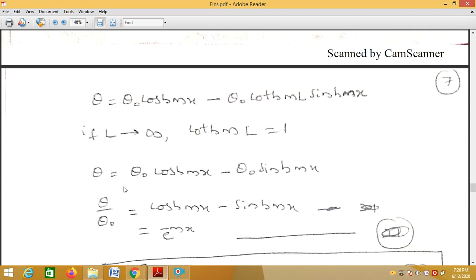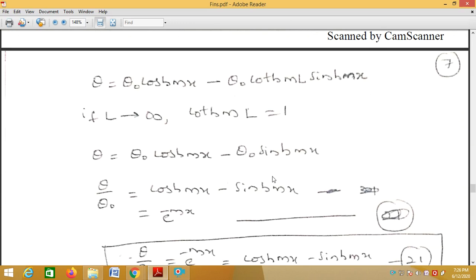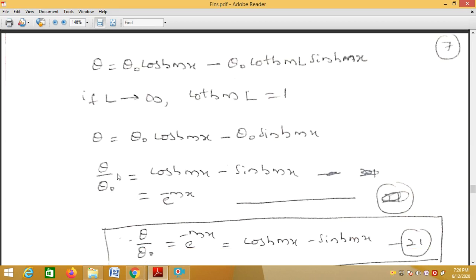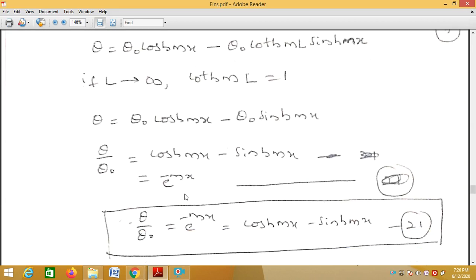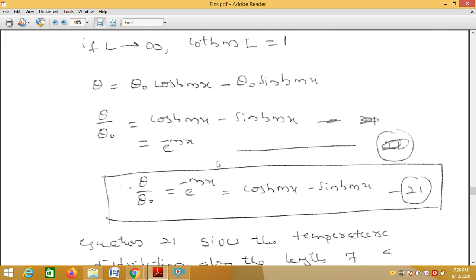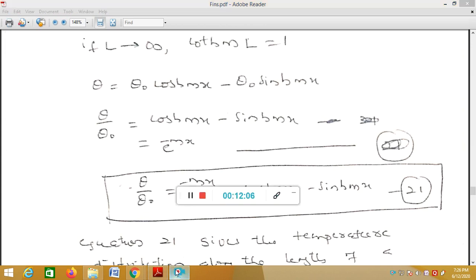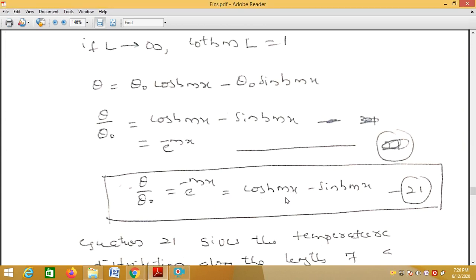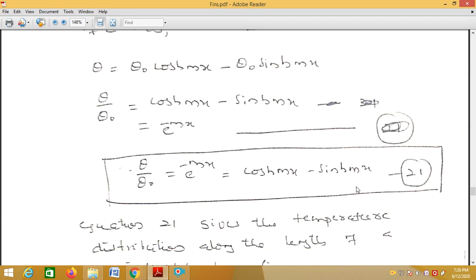You will get theta equal to theta 0 cosh mx minus theta 0 sinh mx. So theta by theta 0 equal to e raised to minus mx. This is the temperature distribution along a fin which is very long or infinitely long.